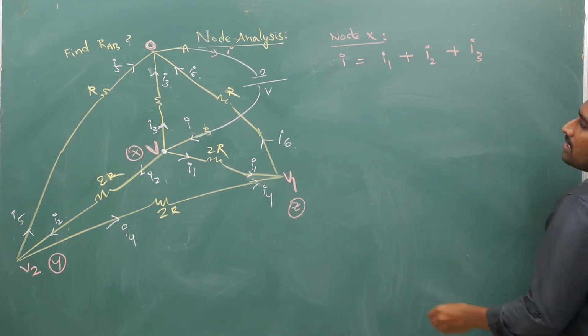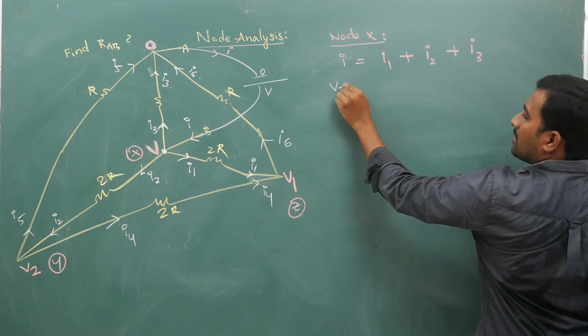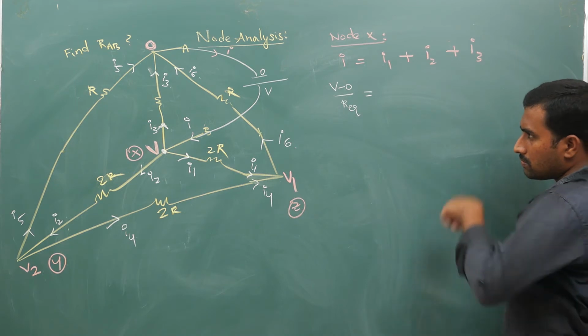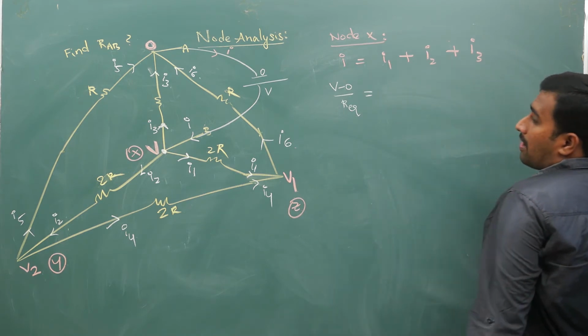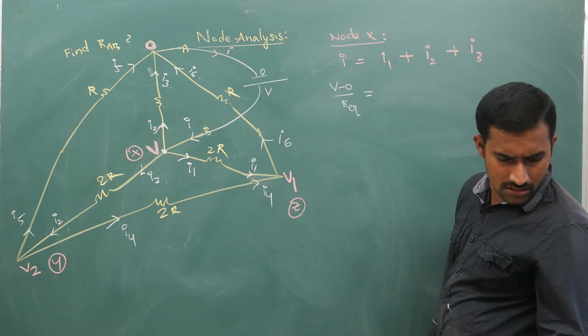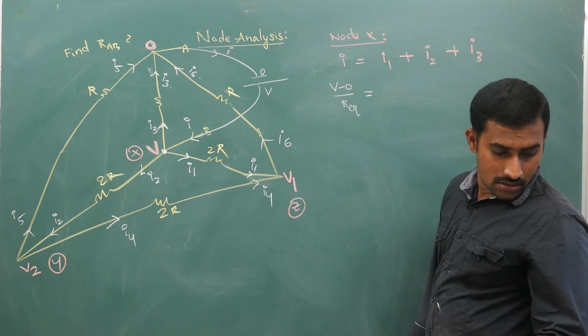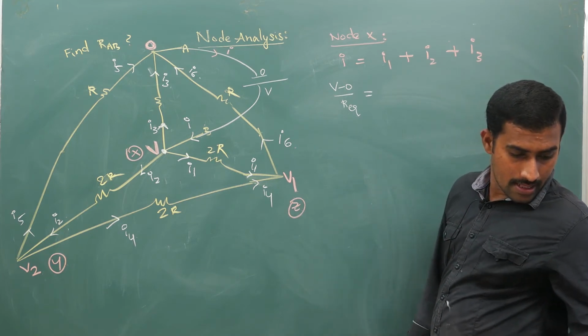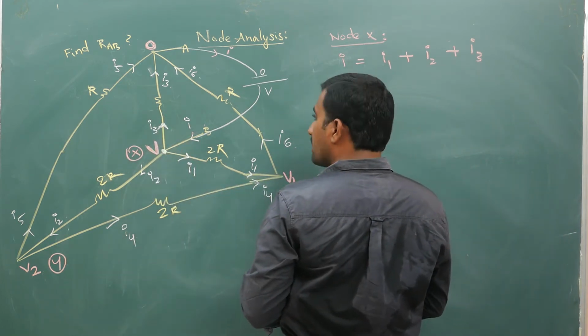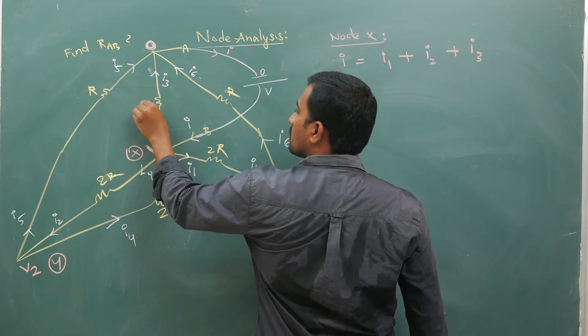So your I is V minus 0 by R equivalent, that is equal to, here in the middle what is the resistor, 2R, sorry, I must have given it in the question, in the middle it is 2R.